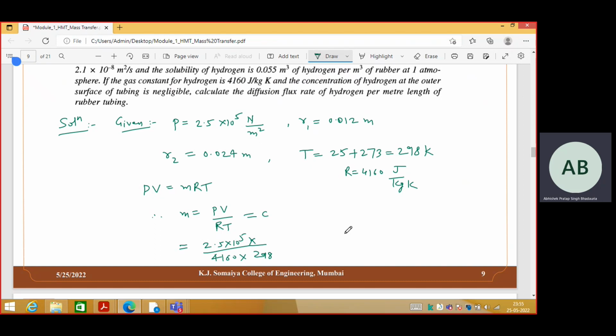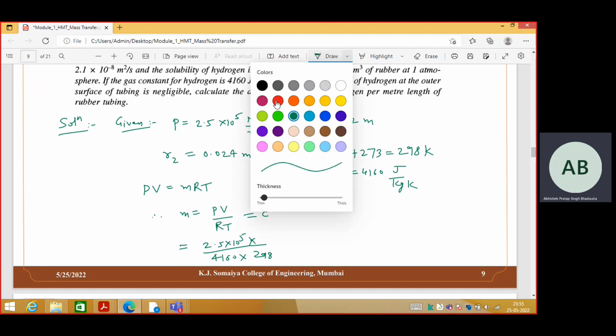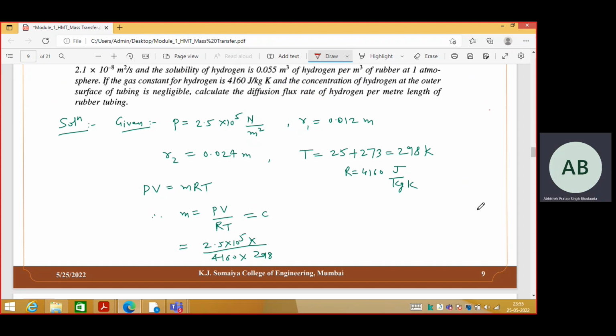We will calculate the solubility of the hydrogen at the pressure of 2.5 atmosphere. It is given in the problem itself as 0.055 meter cube of hydrogen per meter cube of rubber at 1 atmosphere.